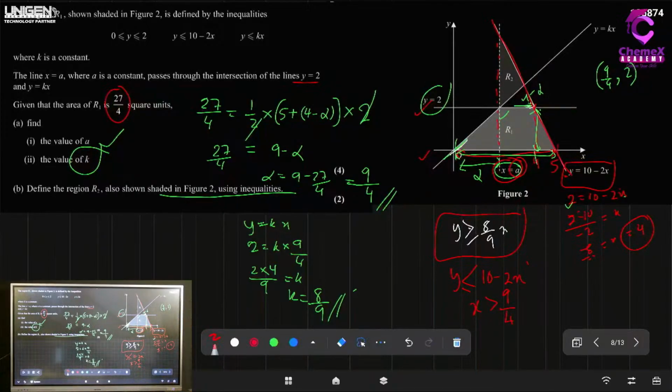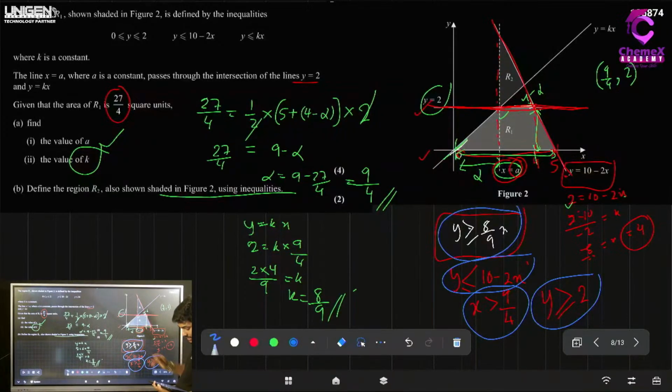And for y, this line is there, y is larger than or equal to 2. You can put equal because it's a straight line, without dots. So these inequalities need to be written in your answer. Do you understand or no?